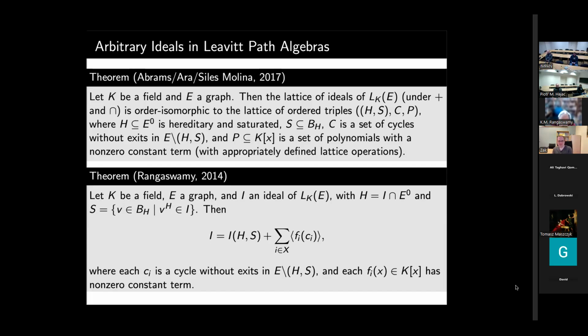The second component is again a set of cycles, but now with some other conditions on it. And the third component is a set of polynomials which connect the two. On this slide, I also put Ranga's general description of an ideal in a Leavitt path algebra, just for reference. This is how you would describe any ideal. You start with a hereditary saturated set of vertices plus some breaking vertices, and then some pieces coming from cycles.